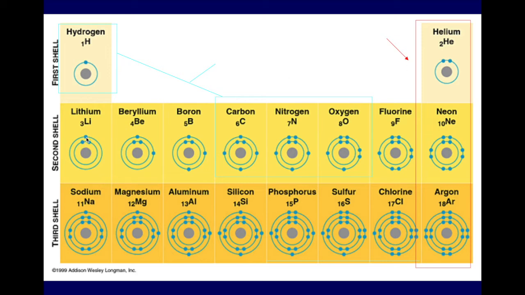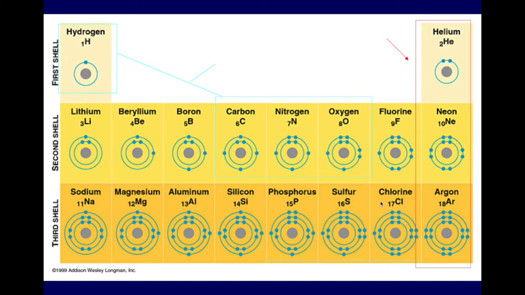Now, lithium would prefer to look like helium, so lithium will generally lose this electron, have a +1 charge because it has 3 protons and 2 electrons, and it will give that electron to something like fluorine or potentially oxygen. Fluorine only needs 1 more electron. When it gets 1 electron, it will have 1, 2, 3, 4, 5, 6, 7, 8. It will have its octet. It will be happy. It'll look like neon. But since it only has 9 protons and 10 electrons, it'll have a -1 charge.